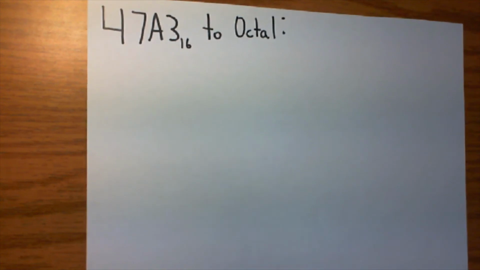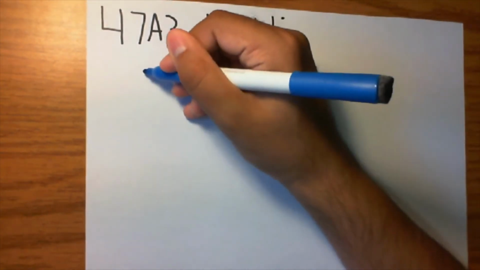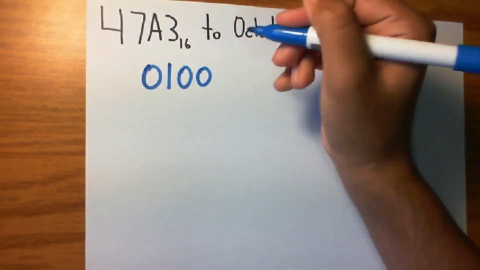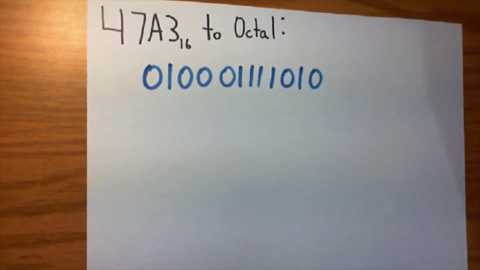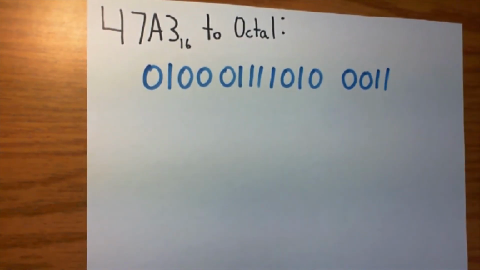So we're going to do a similar thing to what we did earlier. The value from the previous slide is 0, 1, 0, 0, 0, 1, 1, 1, 1, 0, 1, 0, 0, 0, 1, 1.